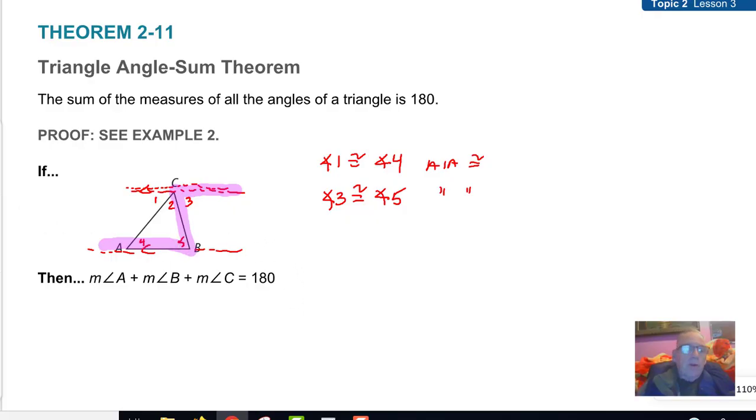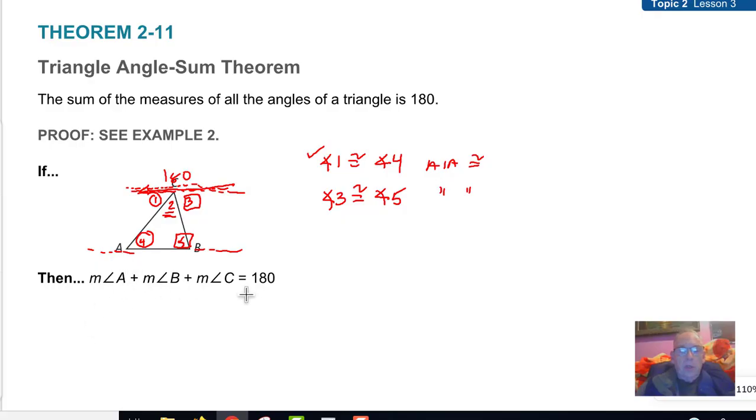So what we have here, let me get rid of this markup. What we have here then is that angle 4, which is the same as angle 1, plus angle 5, which is the same as angle 3, along with angle 2, makes a straight line, which means they add to 180 degrees.